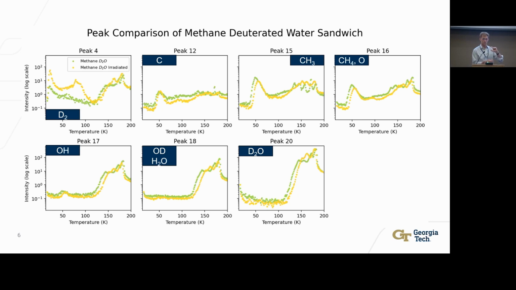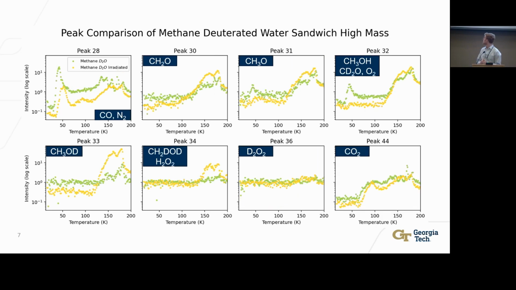And in this system, because we did a thinner layer of deuterated water, we also had a bit of methane irradiation. So you get some interesting methane chemistry that you can see occurring. Next slide. So here what we have is intercalation of methane and deuterated water. So you have this 33 peak, which is exhibiting, and you actually have a decrease in your 32 peak.